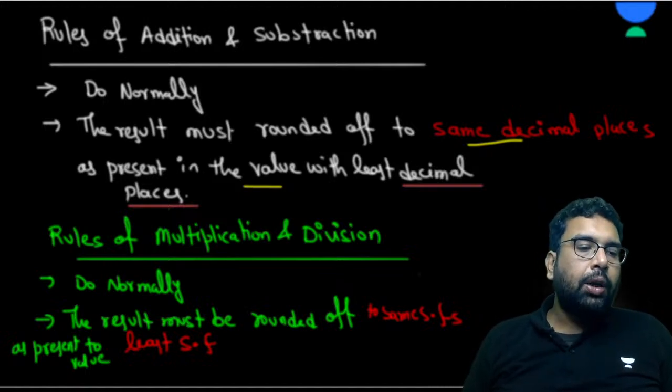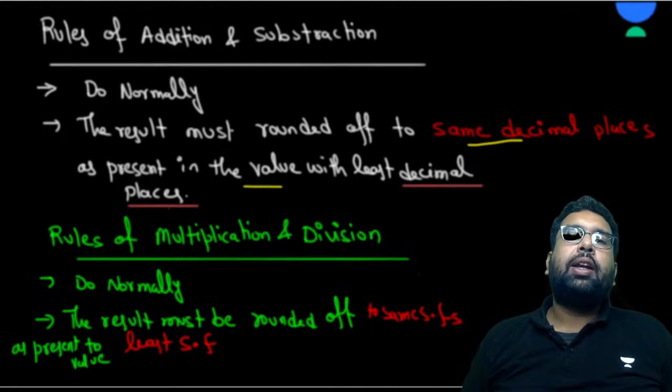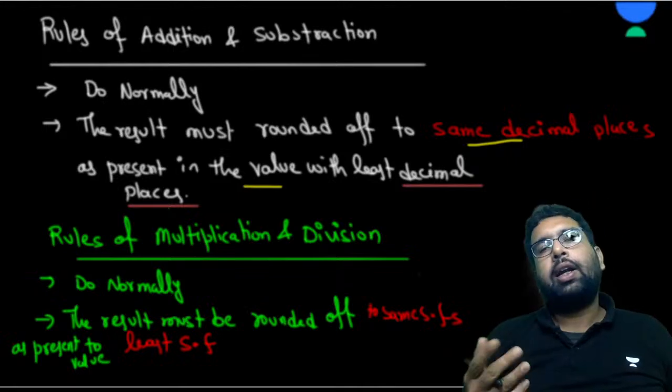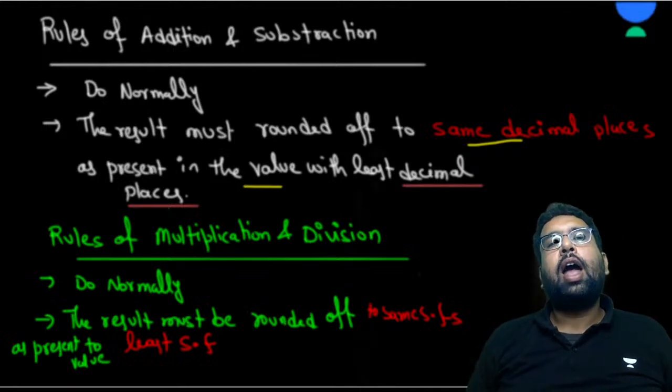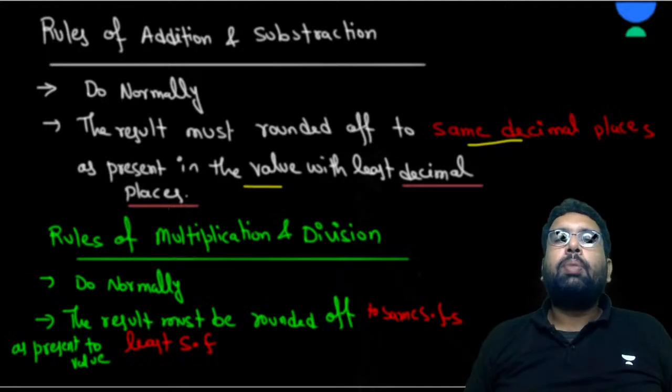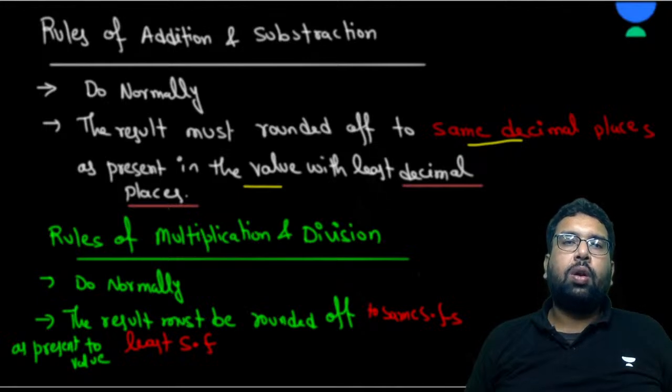Now talking about the rules of multiplication and division. Again, the first thing you have to do is the operation in the normal way. When you do multiplication and division normally, you are going to get some value.